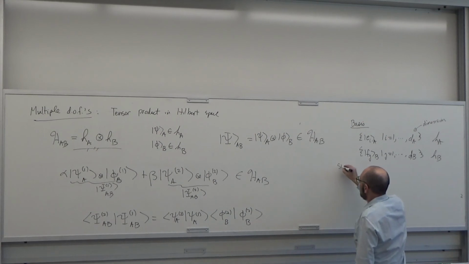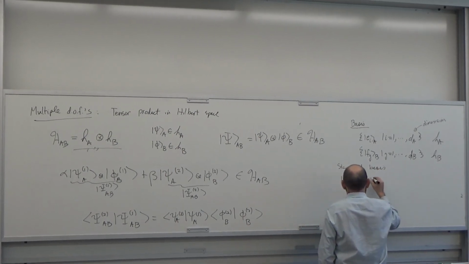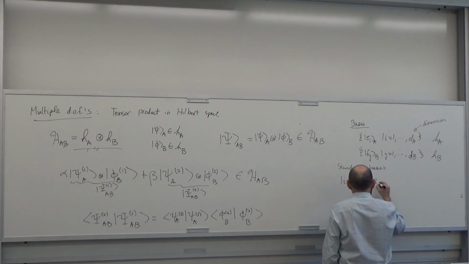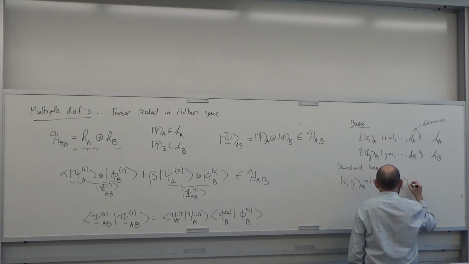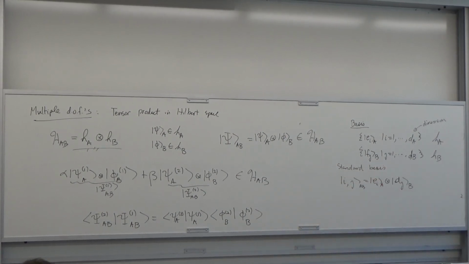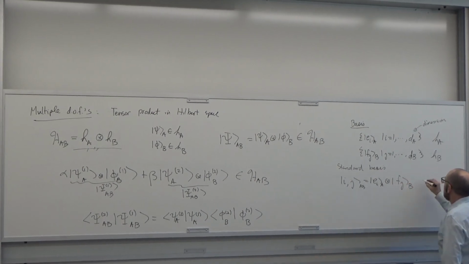Then we define the standard basis as a tensor product basis. And what is the dimension of this space? The product of the two.